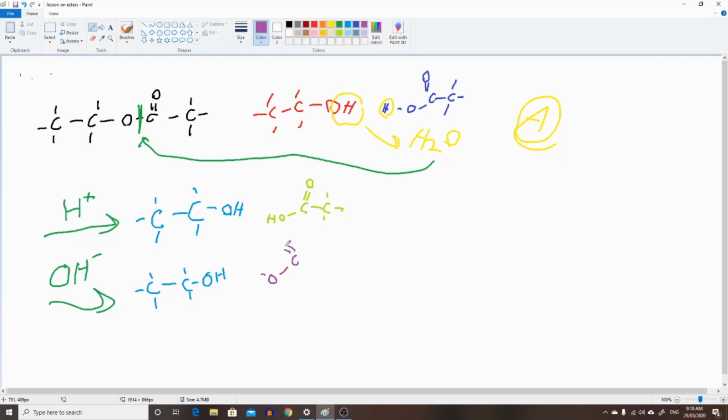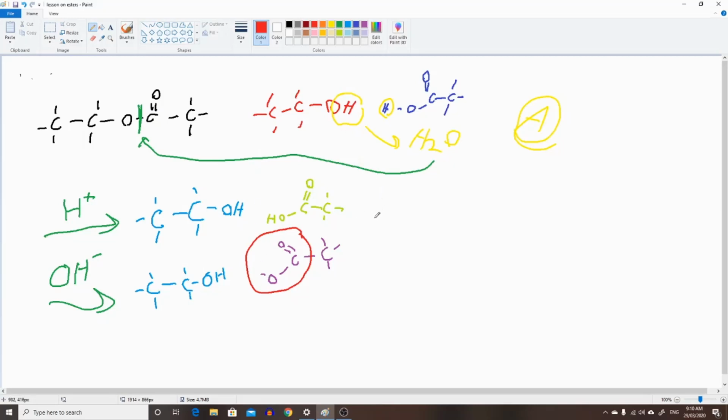It'll be a neutralization reaction. So you're going to have this here, which is what we call the carboxylate ion. So the functional group is this here, and that's your carboxylate ion, and that's going to be the product in basic conditions. So you've got to make sure that you draw these products out correctly.